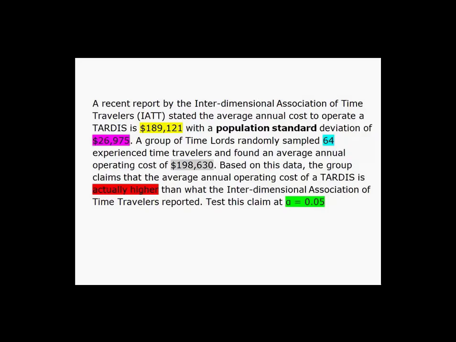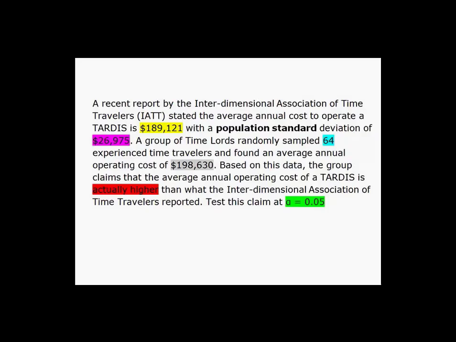They found the average annual operating cost of $198,630. So based on this data, this group claims that the average annual operating cost of a TARDIS is actually higher than what the IATT has reported. We're going to test this claim at an alpha equal to 0.05.